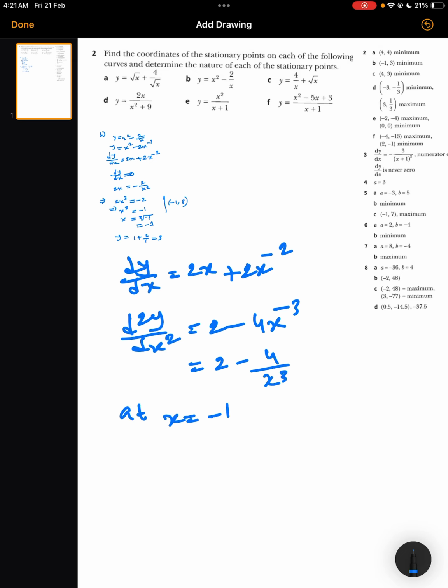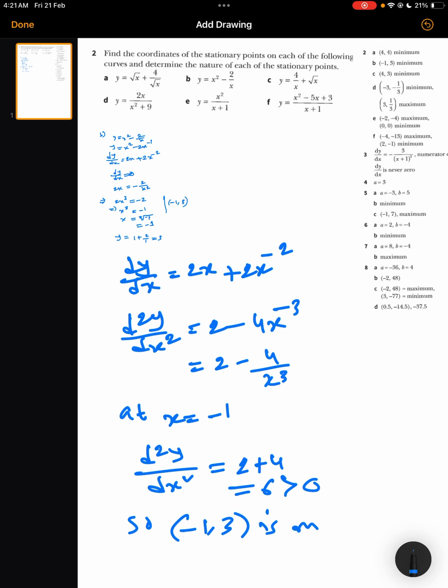At x equal to minus 1, it's 2 plus 4, which is 6. It's a minimum.